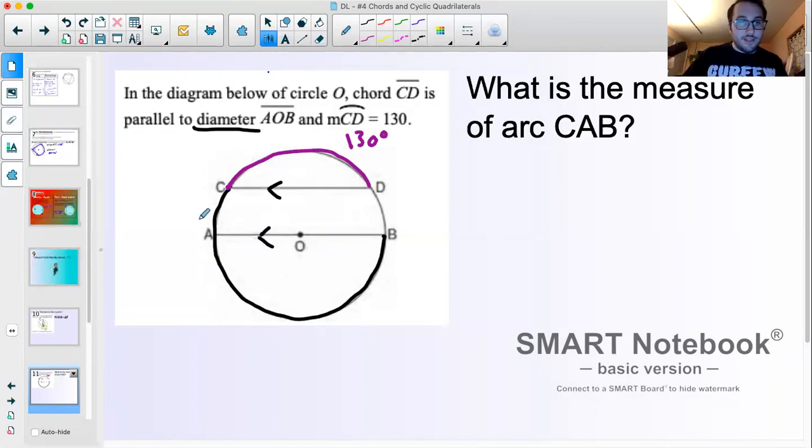So that means this arc, CA, is congruent to this arc, DB. Again, you might ask yourself, Mr. D'Souza, I don't know where to go from here. Okay, follow your nose. They only give you one number. You have to do something with that number. And then the only other thing that they gave us is that AOB is a diameter. So check this out.